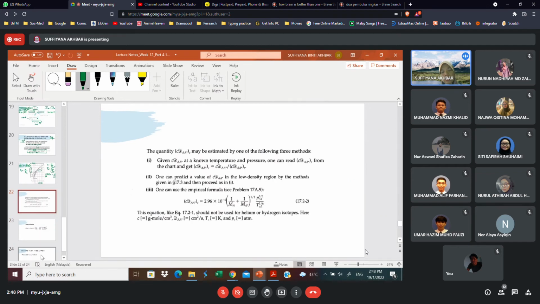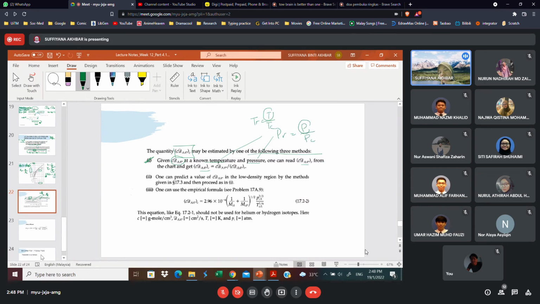So the critical value may be estimated by one of the following three methods. The first one: given CDAA at a known temperature and pressure, one can read the reduced self-diffusivity from the chart and get the critical. Meaning temperature and pressure are given, so you have TR, where T is given over T critical, and PR, where P is given.